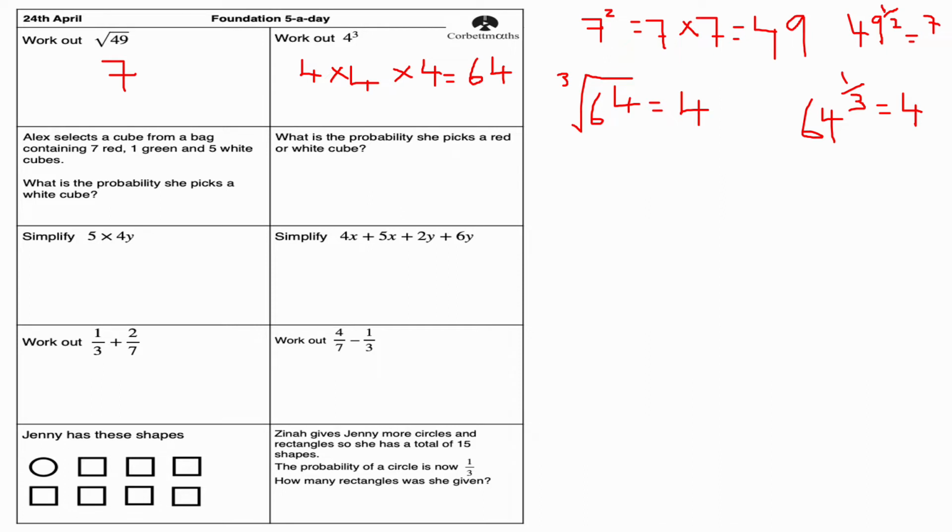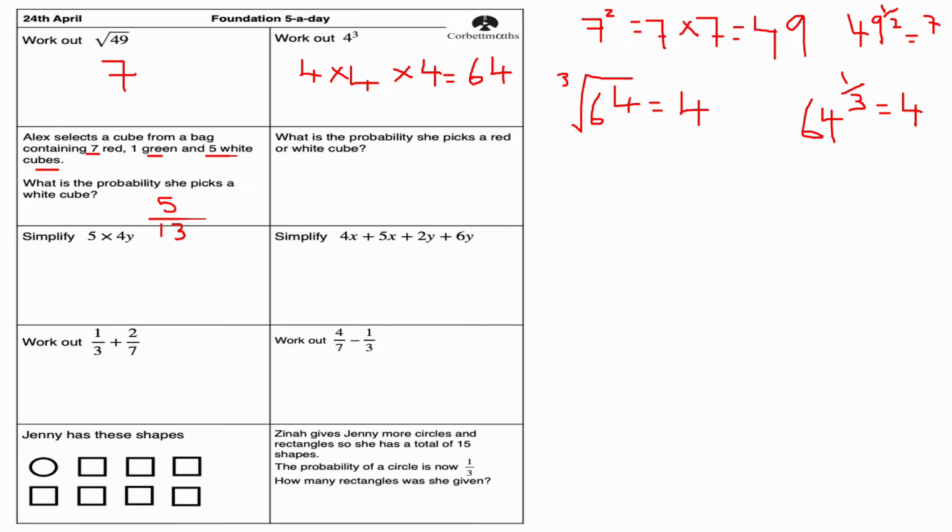Next question. Alex selects a cube from a bag containing 7 red, 1 green and 5 white cubes. What is the probability that she picks a white cube? It's going to be 5 out of 7 plus 1 is 8 plus the 5 is 13.